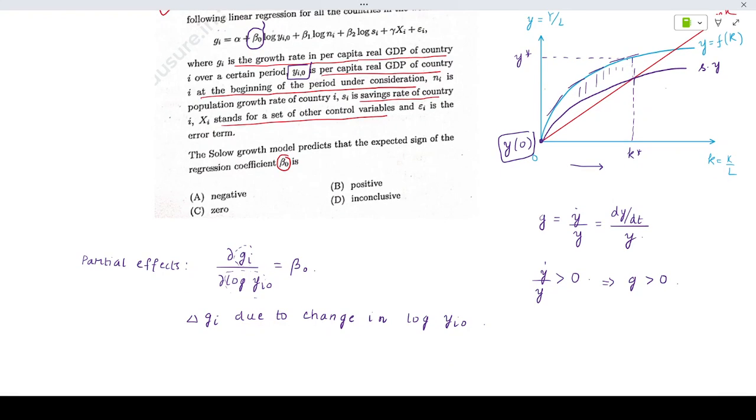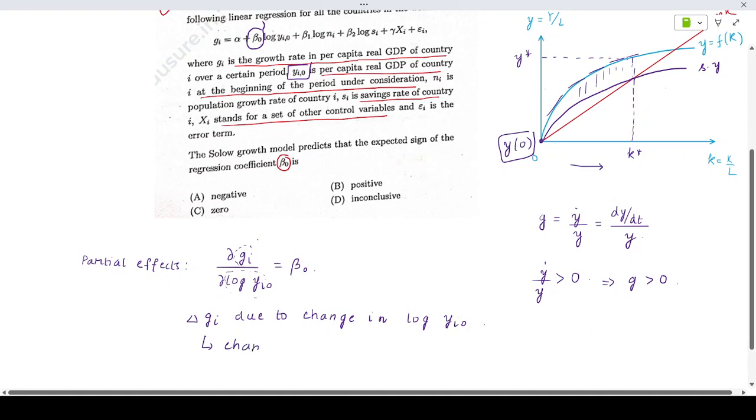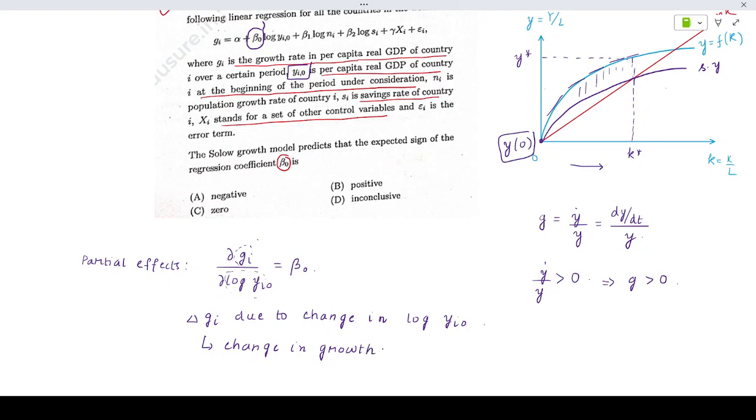So del G is the change in growth, which is what we are trying to estimate. Given the concave production function, y dot by y is positive, but the rate at which it is changing should be negative.